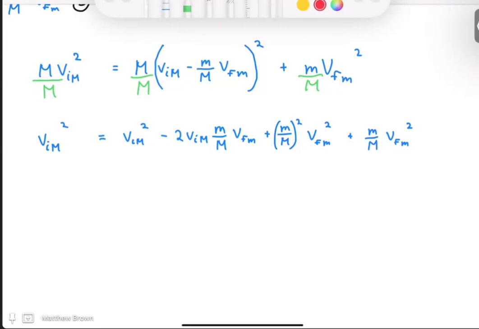I've got V initial, if you look on the left side, I've got just that one term, V initial of big M squared, and on the other side I've got the same thing, right? That's the very first term here, the initial of big M squared. So that just gives me 0 on that side. I've got this term, little m over big M, kind of everywhere, right?